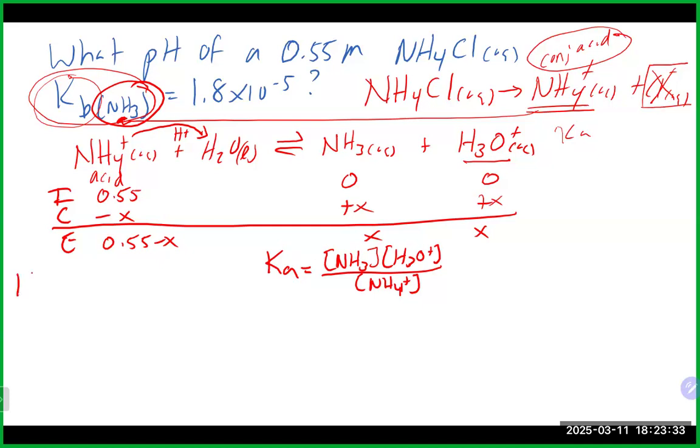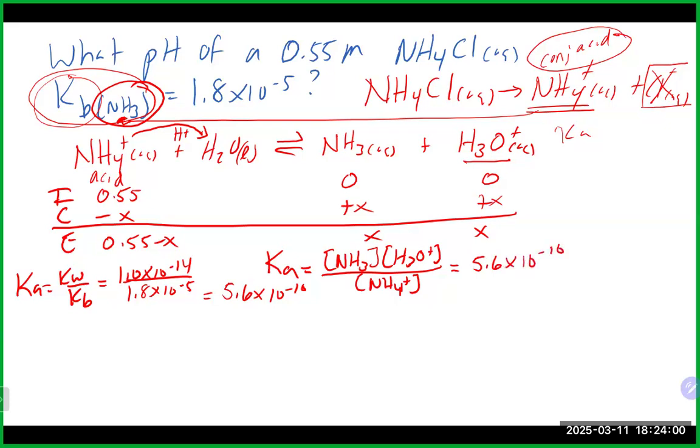So Ka will be Kw divided by the Kb, 1 times 10 to the minus 14 divided by 1.8 times 10 to the minus 5. That gets you like a 5.6 times 10 to the minus 10, perhaps. We'll put that in as our Ka value.